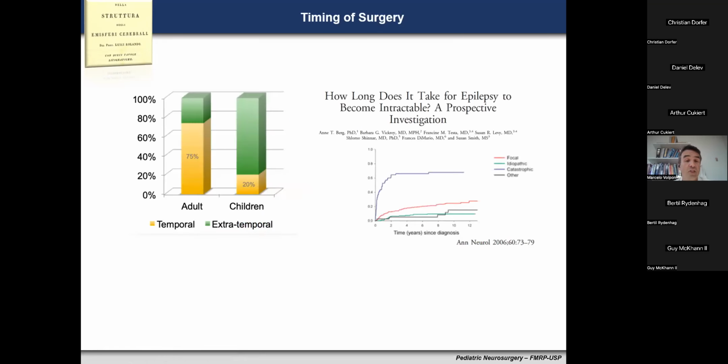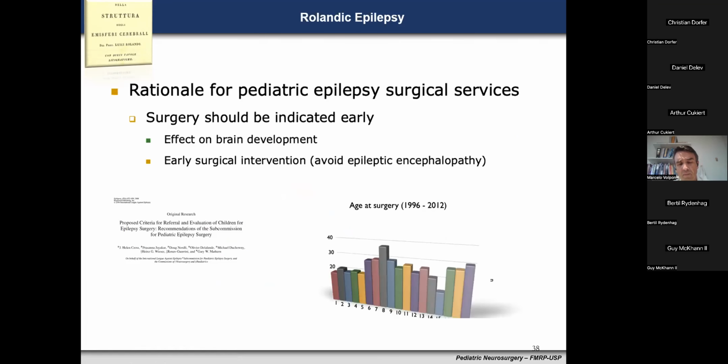Of course, we all appreciate the differences between children and adults, and we know it takes some time for epilepsy to become intractable. So particularly in the second case, it's important that we highlight that, and this has been our rationale in the pediatric epilepsy surgical service, that surgery should be indicated early.